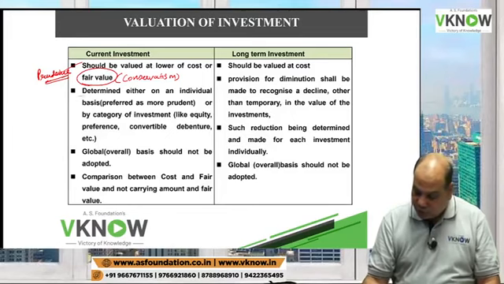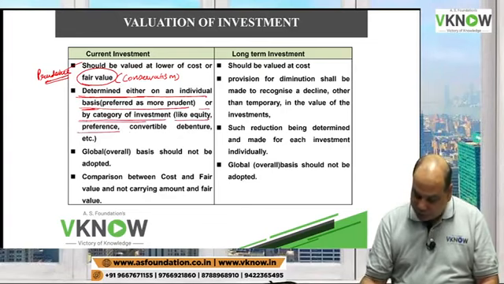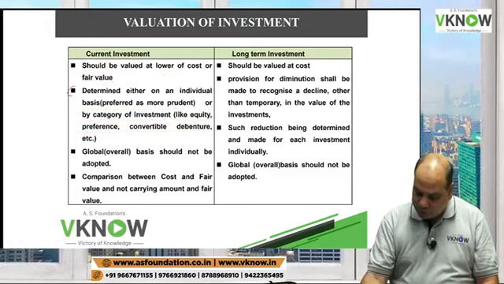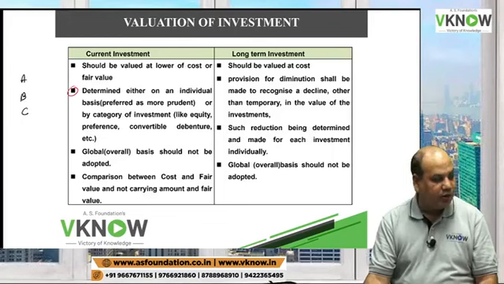Second rule is determined either on an individual basis, that is preferred as more prudent, or by a category of investment like equity, preference, debenture, etc. What do you mean by point number 2? Suppose I have many investments. Investment in A Limited, B Limited, C Limited.